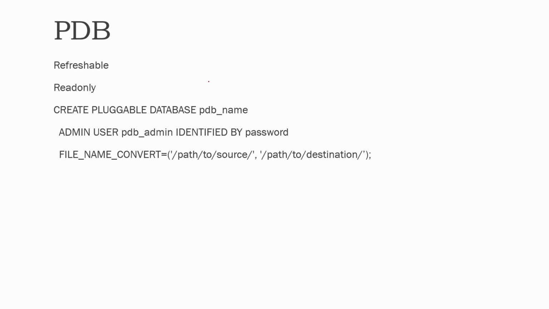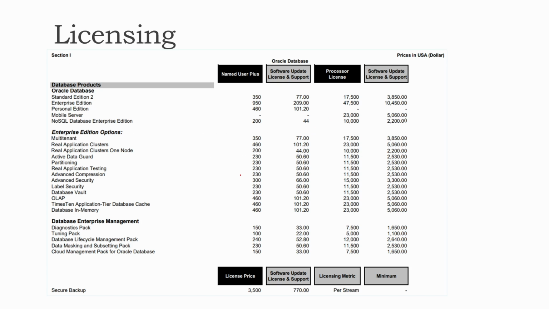And if you see here, see the command: create pluggable database, this PDB admin, identified by this, and this is the path, and the PDB is created. There are different syntaxes for how you want to clone it, or from where you want to plug it in. You can just Google it. I don't want to go into those syntaxes, because the purpose of this video is not exactly technical, but an architectural understanding from a high level.